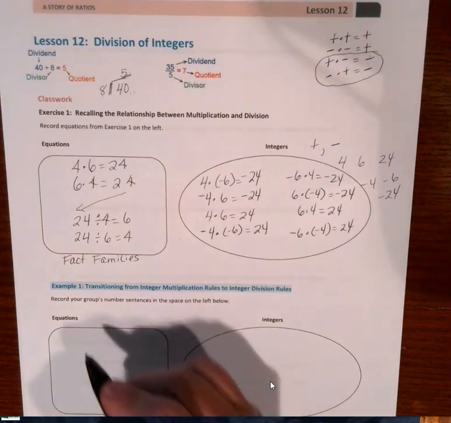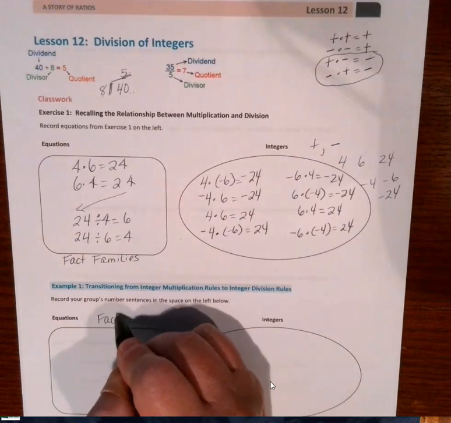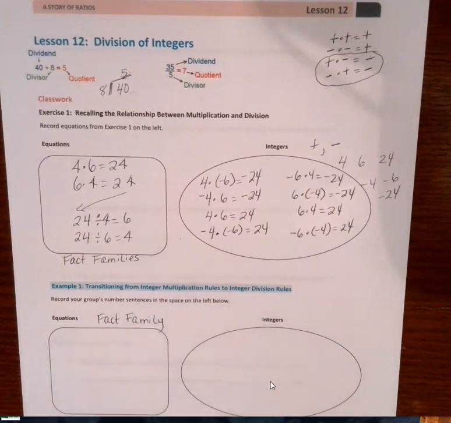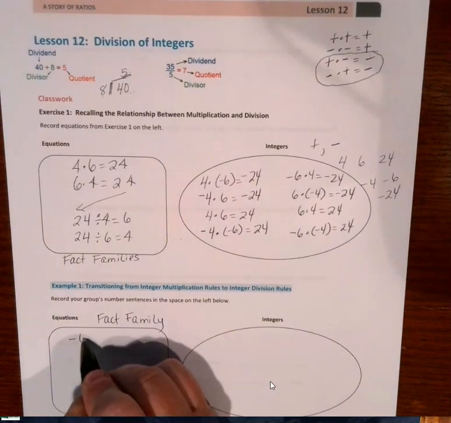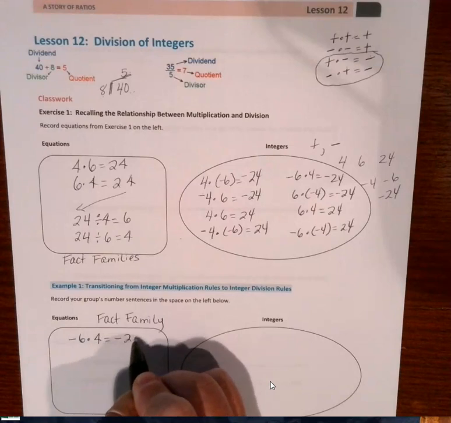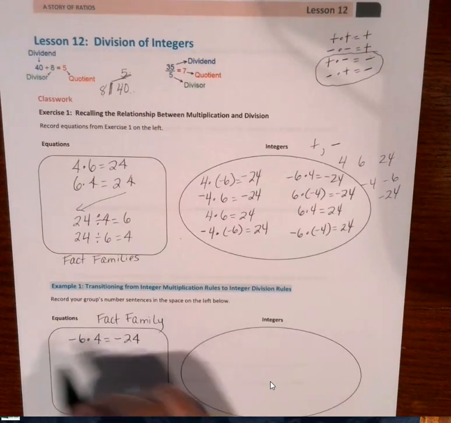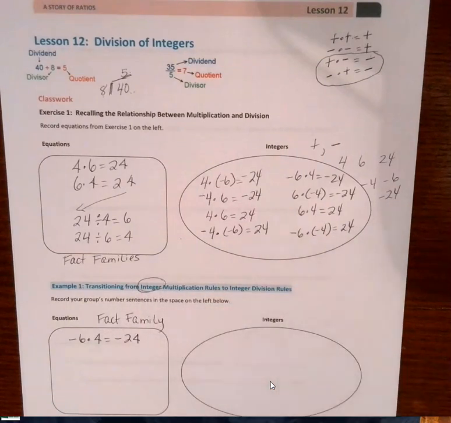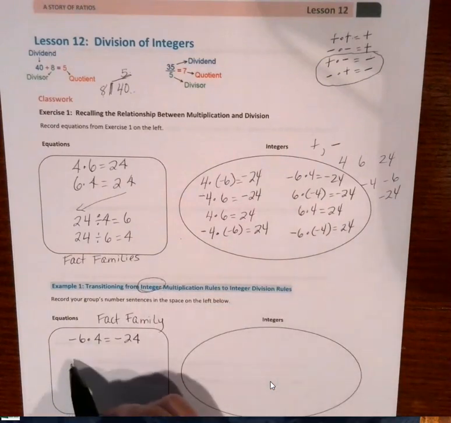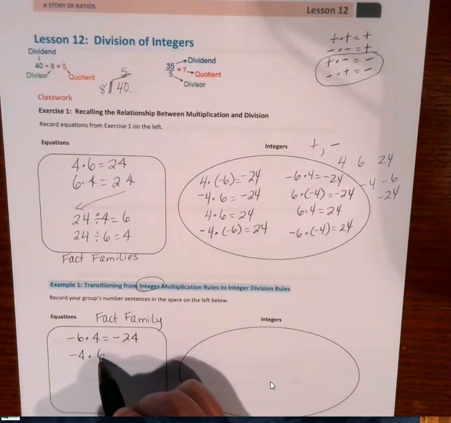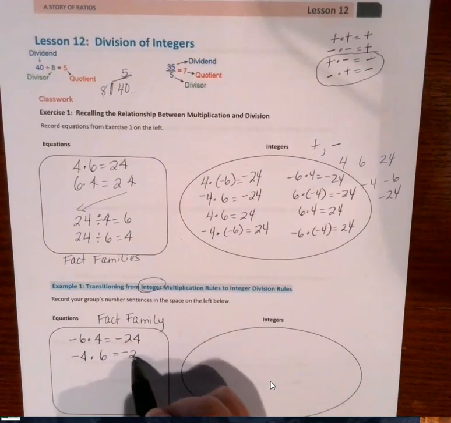So going back to fact families, negative 6 times 4 is equal to negative 24. Using integers now, because now we're looking at integer fact families. And then negative 4 times 6 is equal to negative 24.